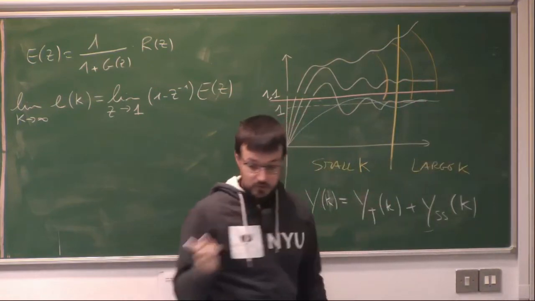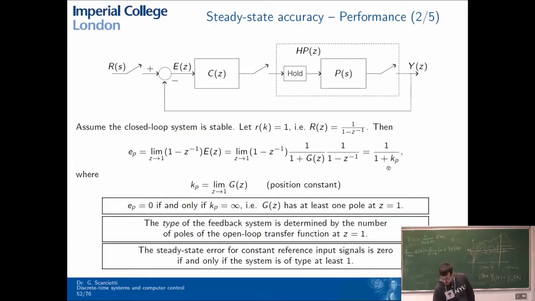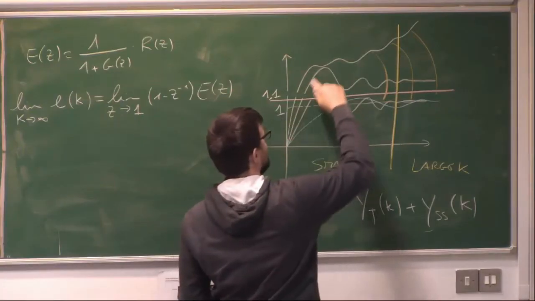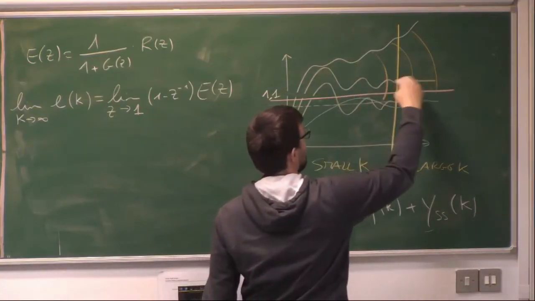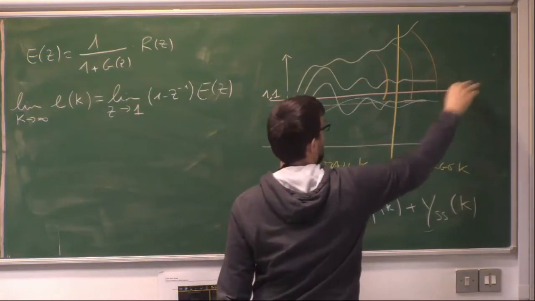If we look back at the slide, we see that the steady state error is a constant for kp equal to a constant, when g of z does not have any pole in z equal to 1. So if the system is of type 0, then we are in this situation in which the system converges to a constant.